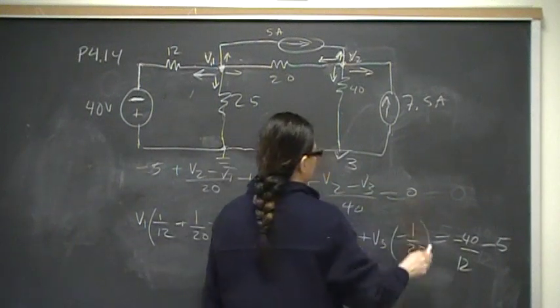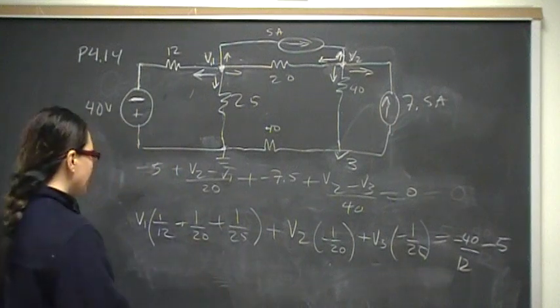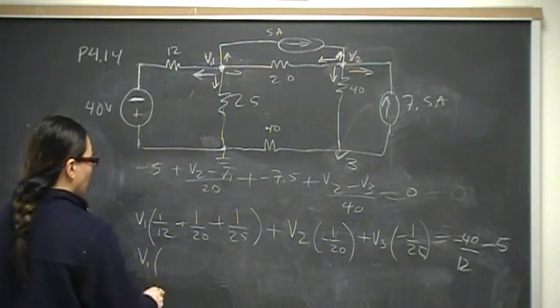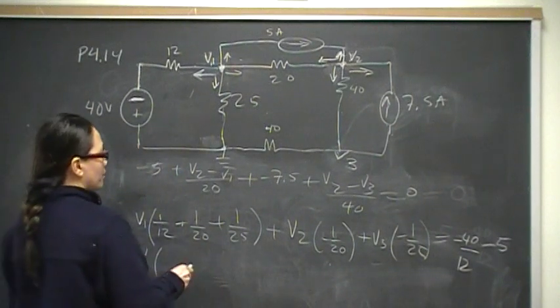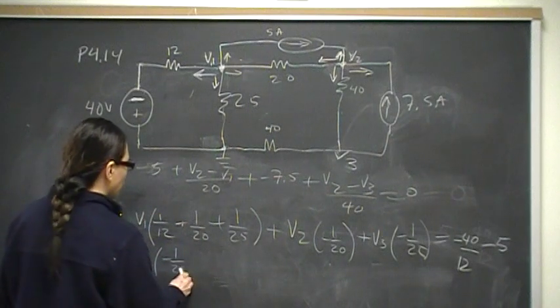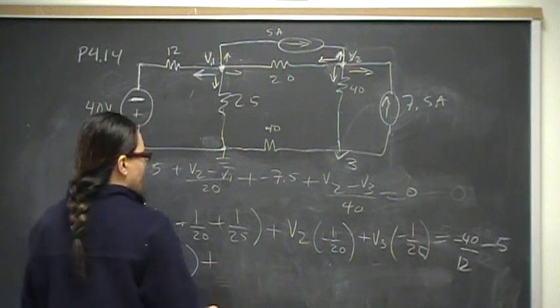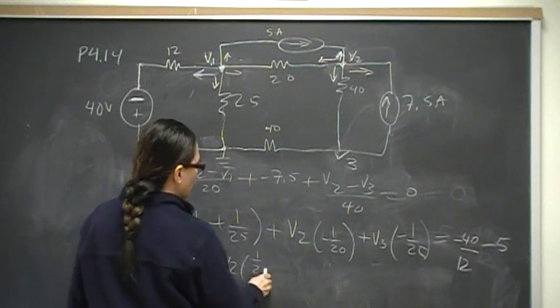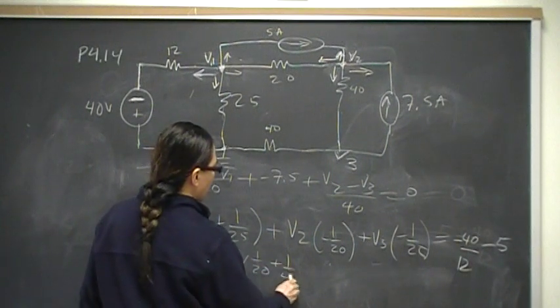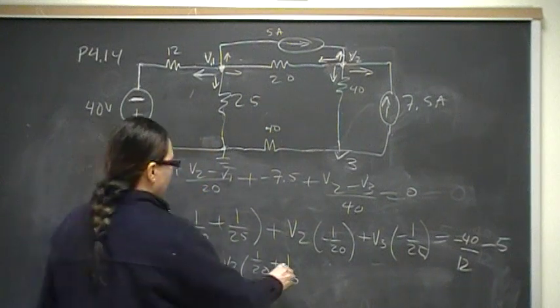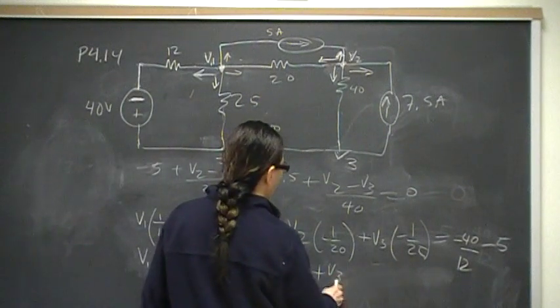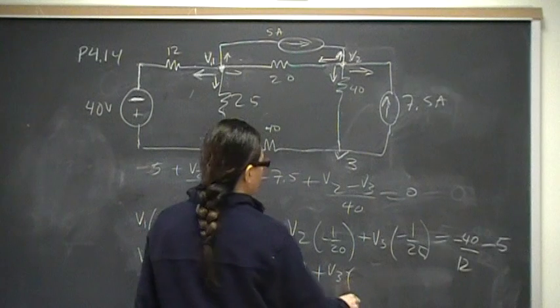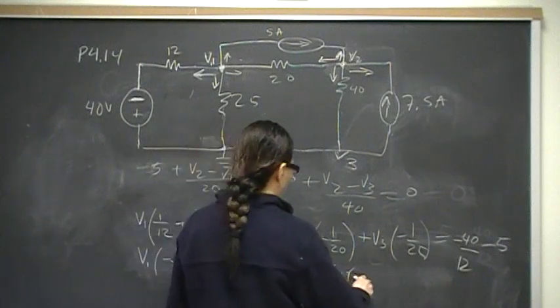That's going to be equal to 0. And then we're going to rewrite that for our calculator. For V1, I have a negative 1 over 20. For V2, I have 1 over 20 plus 1 over 40. And then for V3, I have a negative 1 over 40.